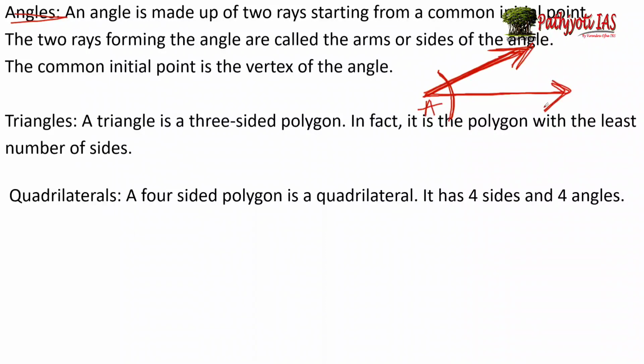This initial point is also a vertex of that particular angle. One single angle, so a single vertex. Similarly, we have a few types of angles which we'll understand today.